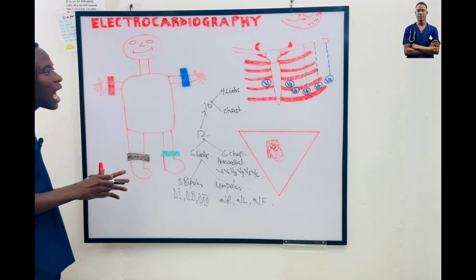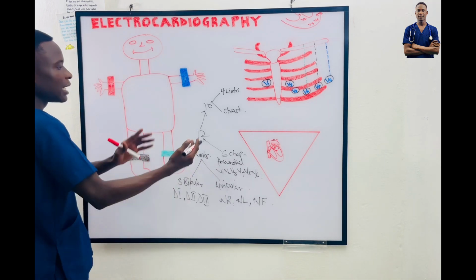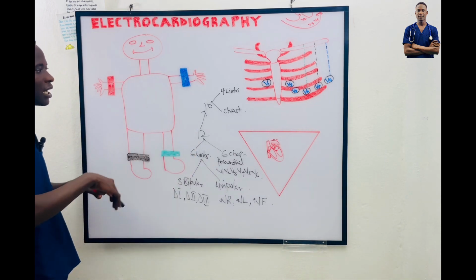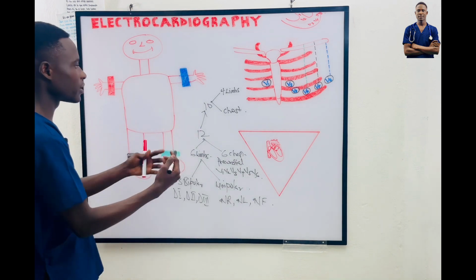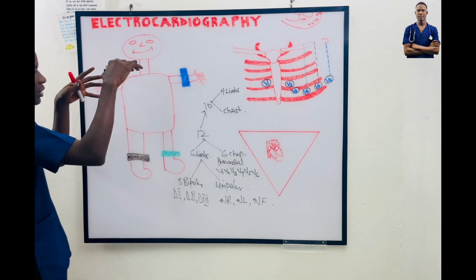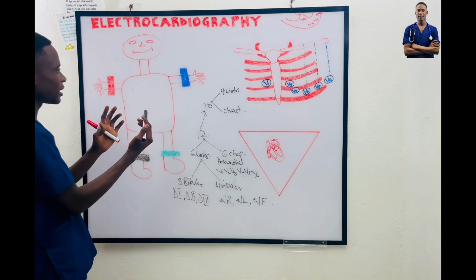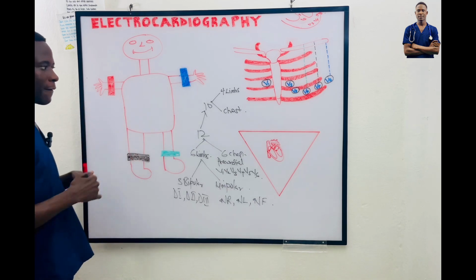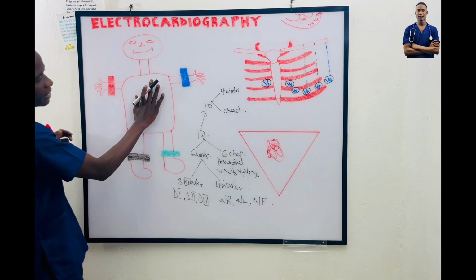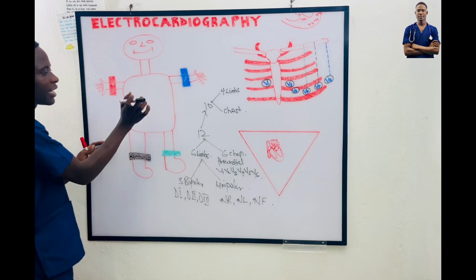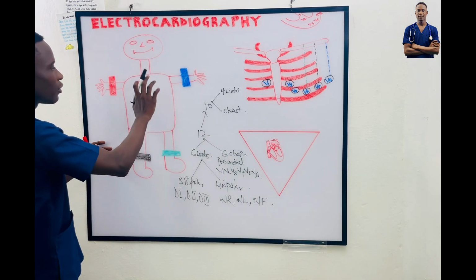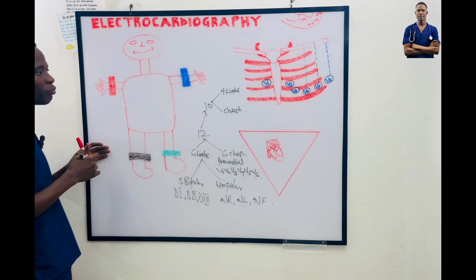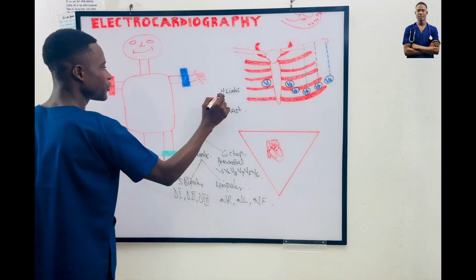Now let's look at how we place these electrodes. I said we have 10 electrodes, and out of these 10 electrodes, we have 4 that are for the limbs. So these 4 electrodes for the limbs, how do we place them? Now let's assume this is our patient, and we want to take the electrical activity of this patient. We are going to place 4 electrodes at the limbs.